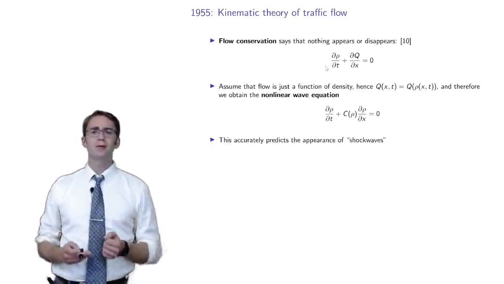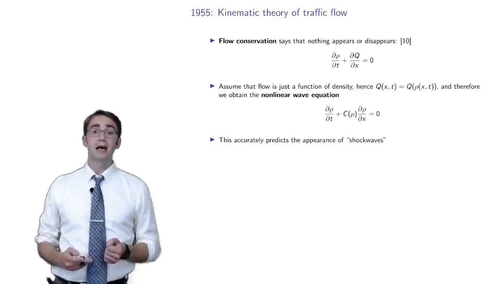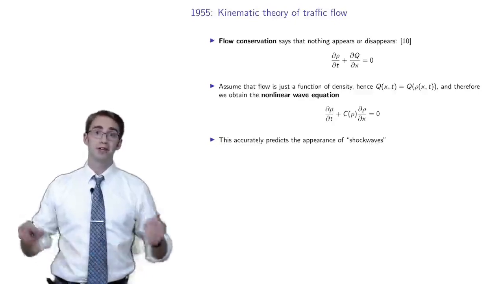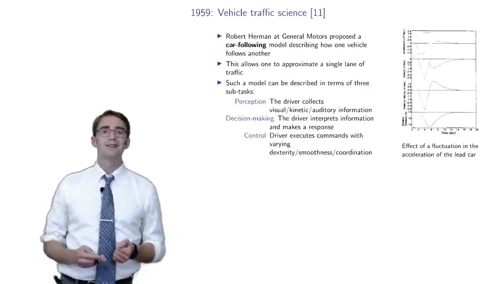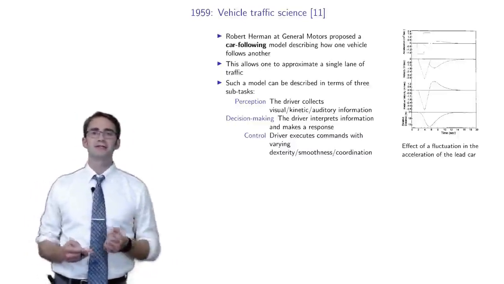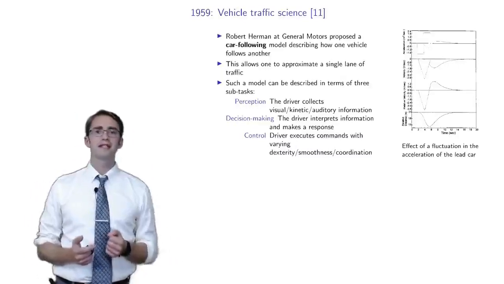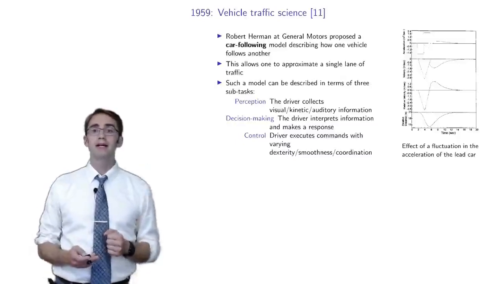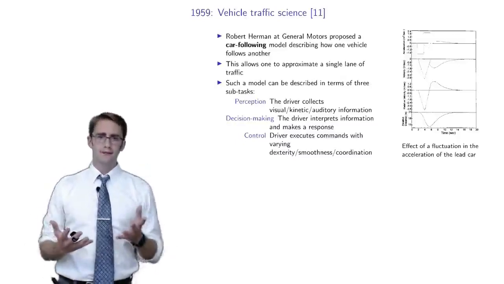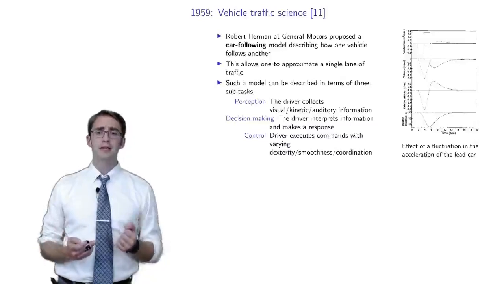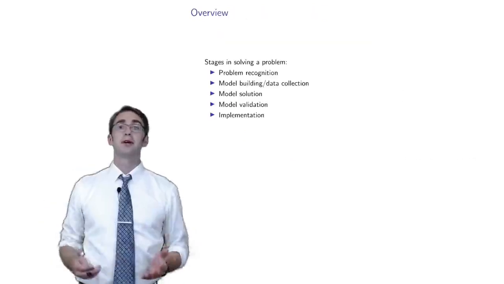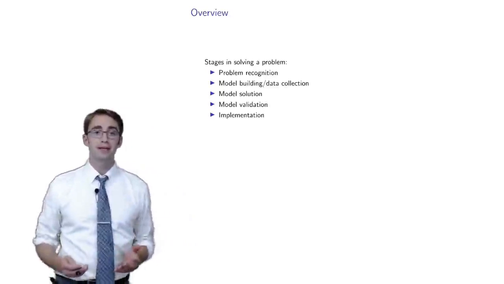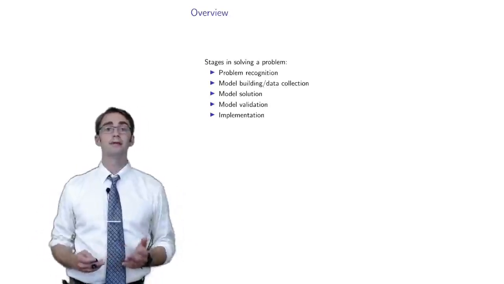One thing that this is notable for is that it accurately predicts the appearance of shock waves, in other words, traffic jams. This kind of science was pretty popular throughout the 1950s. Some scientists at General Motors proposed a car following model that took into account the individual drivers in the vehicles as well.